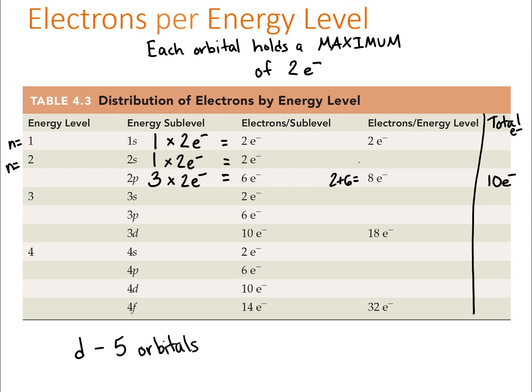Just for your reference, we've got 3s, so that's 1 orbital. The p's we've already done. The d has 5 orbitals. If I have an element that has energy level 1, 2, and 3 completely full, what's the total number of electrons that that element has?